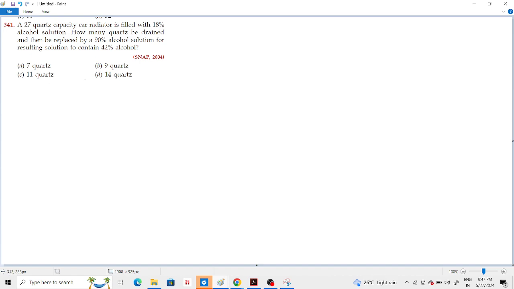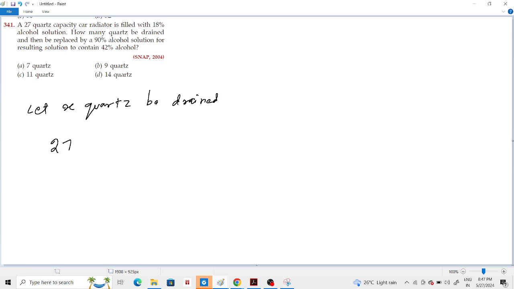The car radiator's capacity is 27 quarts, in which 18% is alcohol. How many quarts do we drain? So let x quarts be drained. Okay. So what is happening?